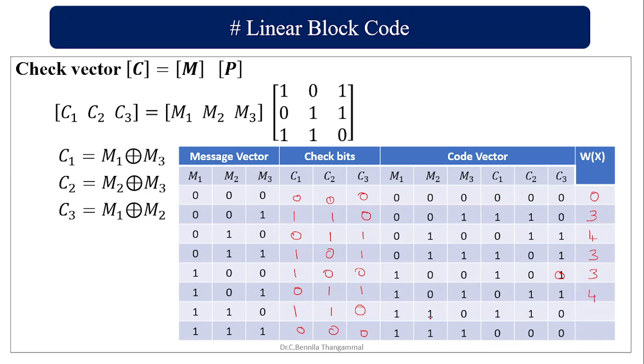For this one, 1, 2, 3, 4. And for this one, 1, 2, 3. So these are the Hamming weights, and for the minimum, you have to leave out the 0. Apart from that, 3 is going to be the minimum. So D min is going to be 3.